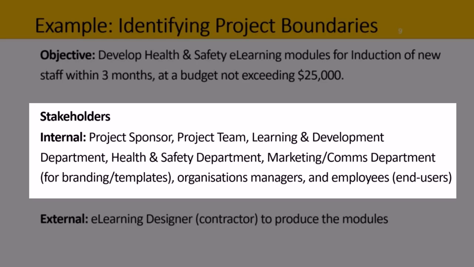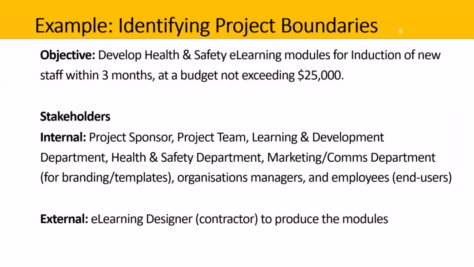Additionally, there'll be the organisation's managers who oversee the employees, and the employees are the end users, and more specifically, new employees are the end users of this project. Yours might have others like the finance department or operations or different parts of the organisation.